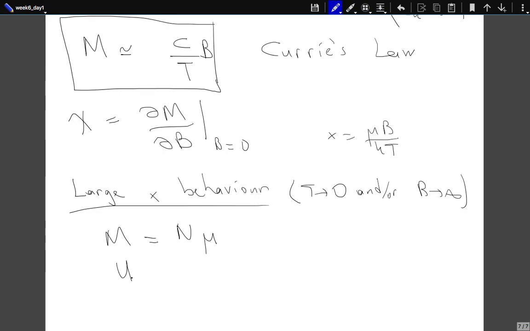And the internal energy: all of them are aligned in the direction of the magnetic field, so each one has an energy minus mu times B. There are n of them, just multiply by n. This is what we expect. And let's see if this expectation is justified.